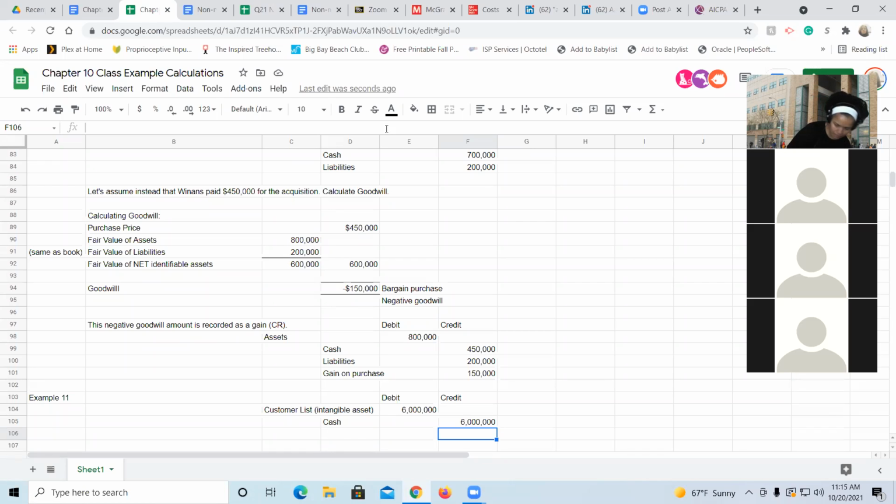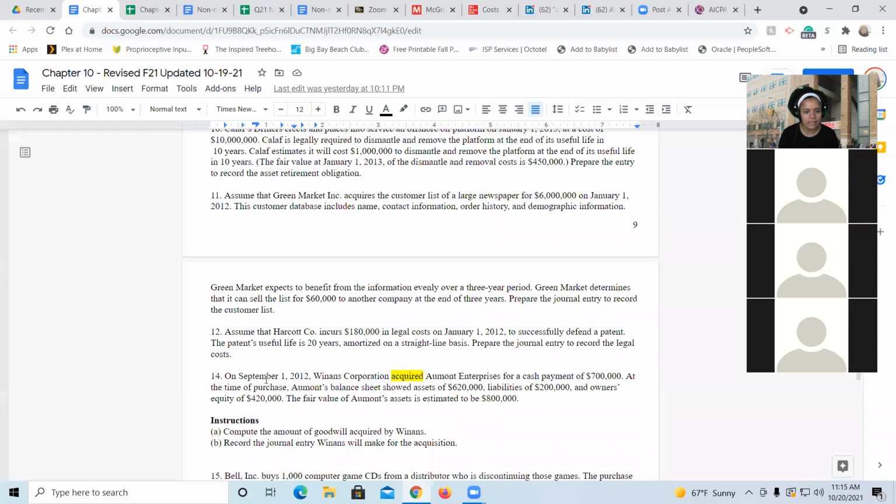Anybody? So 60,000 is the amount that they can sell it for. What does that represent? And why isn't it included in the purchase price?